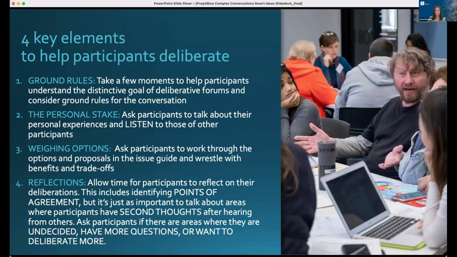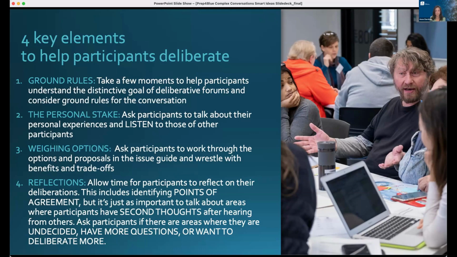And I just want to emphasize that even in these short forms, we have to set down some ground rules and talk about what we mean by deliberating and how these processes are different from, say, town halls or other types of engagement processes. So these are 4 key elements that help participants deliberate.